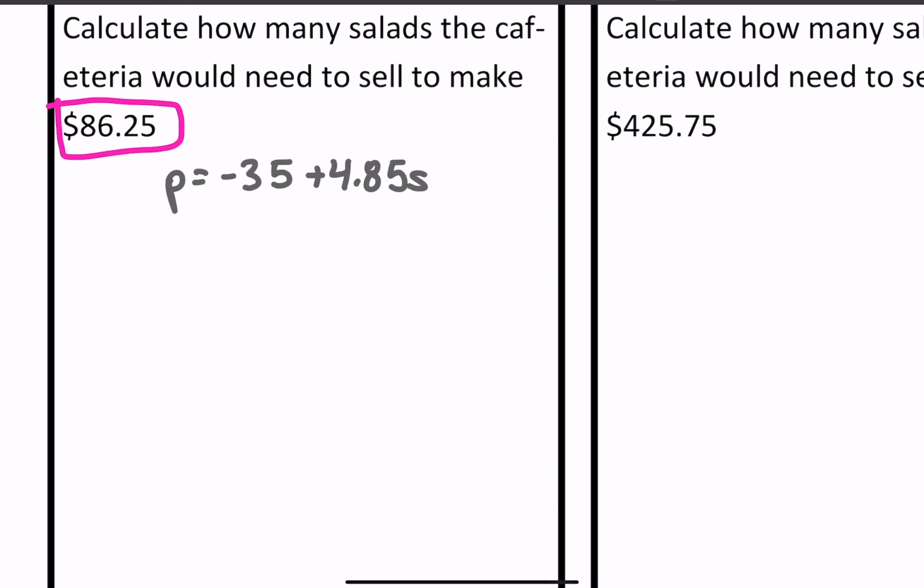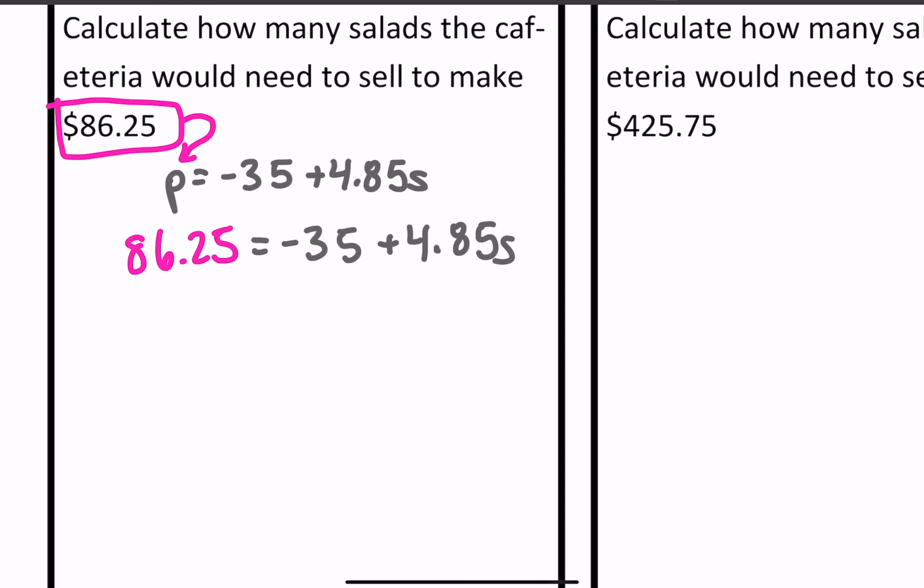Between our two variables, S stands for salad, P stands for profit. So we're going to replace P with 86.25, but everything else remains the same.